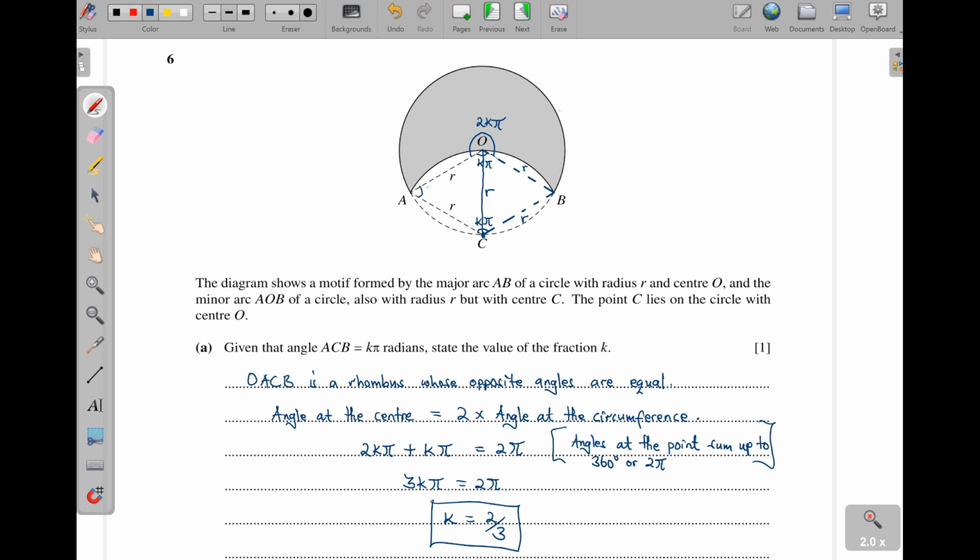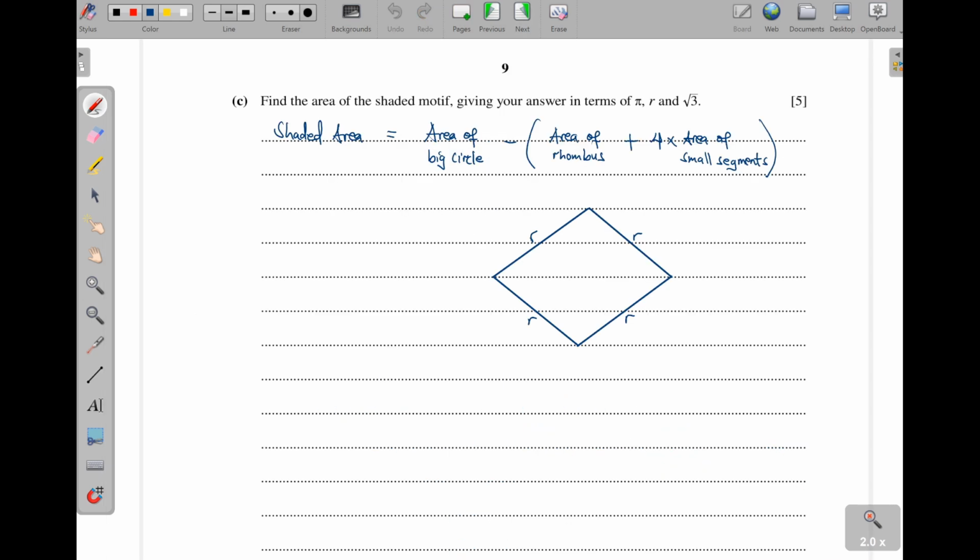So meaning these interior angles are all pi over 3. You see that? Pi over 3. So when we go back here, we shall have pi over 3. This is the center, then B, then this is C, and then this is A. So this is also R, meaning this one is going to be pi over 3, pi over 3, pi over 3.